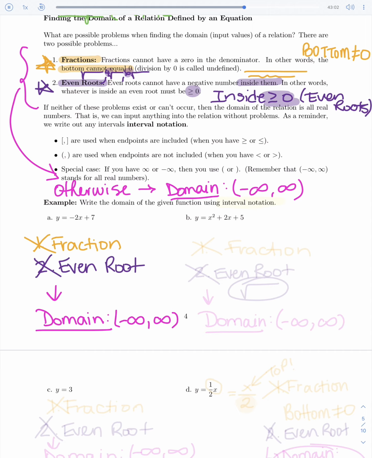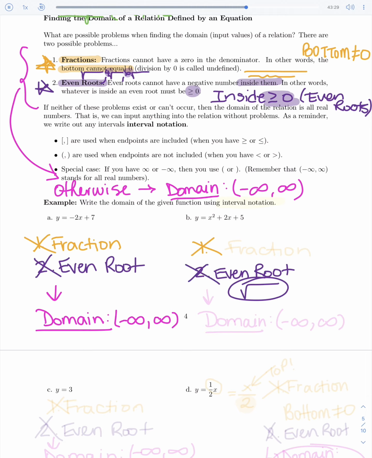Let's try another one. Let's look at b. On b, we've got x squared plus 2x plus 5. That's our function graph. I don't know what that looks like. You don't need to. Just go through your checklist. 1, do we have a fraction? Nope. So don't even worry about it. 2, do we have an even root? We have an even exponent, but notice we don't have an even root.